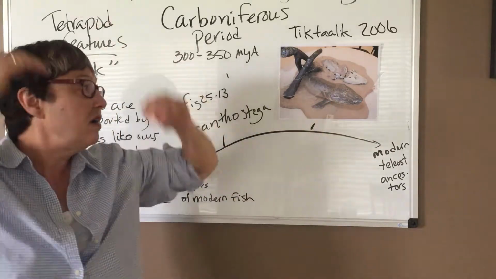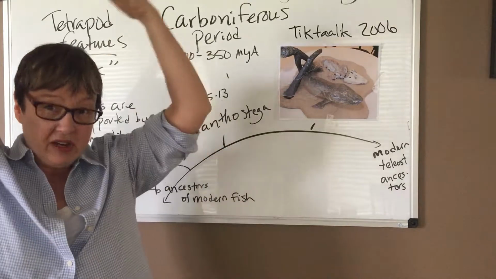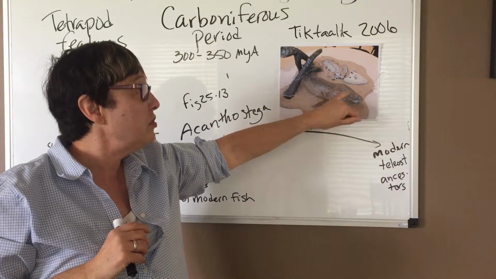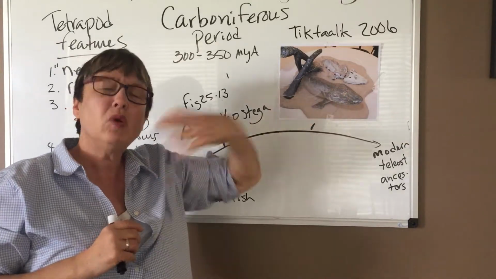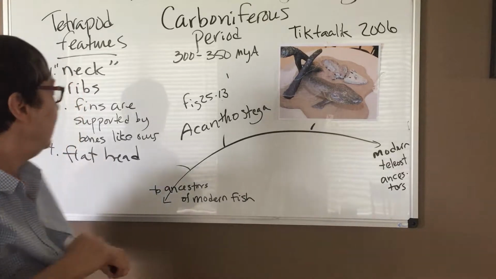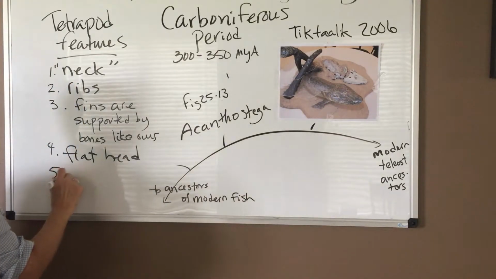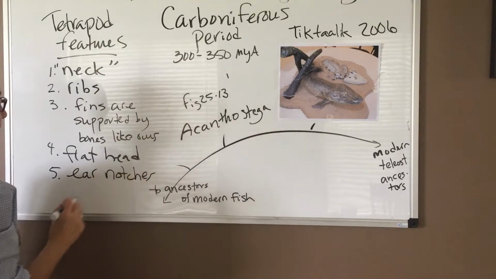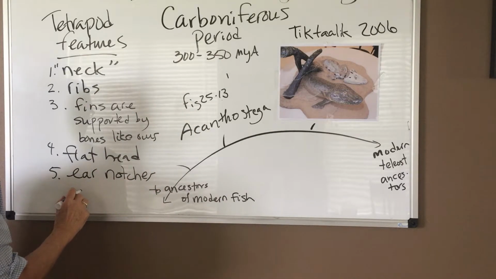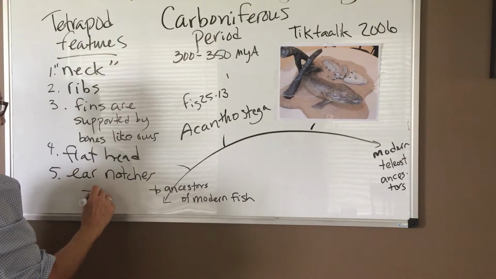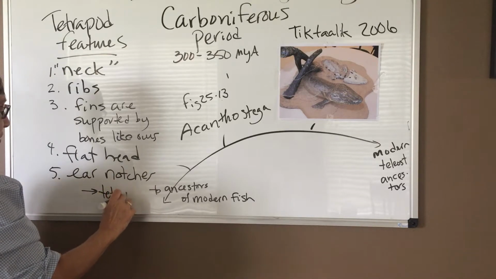The eyes are, in contrast to a fish, moved to the dorsal part of the head, more like a crocodile or alligator. And one last feature is the presence of ear notches in the skeleton, which indicates ear structures similar to what we see in the tetrapods.